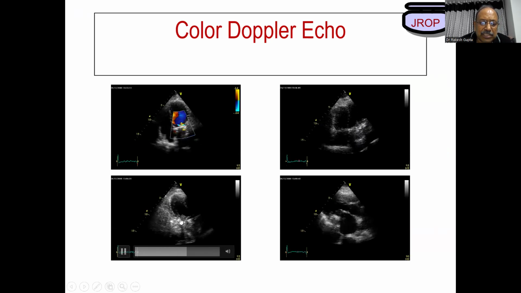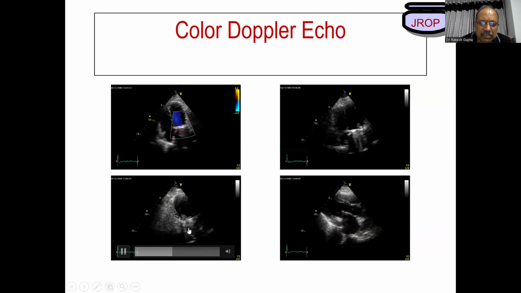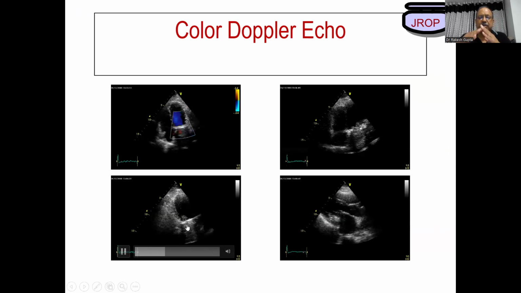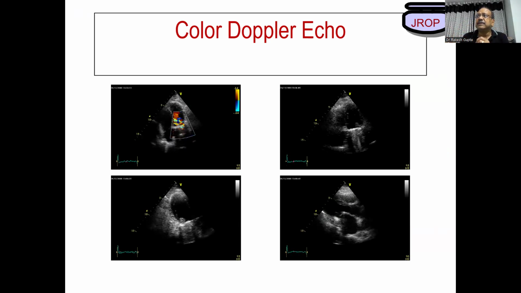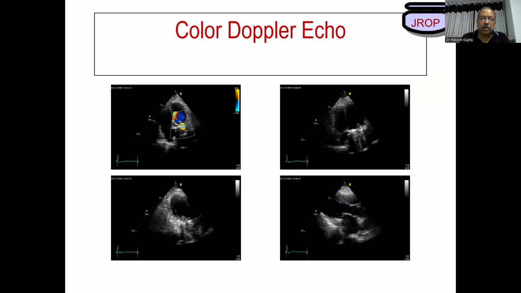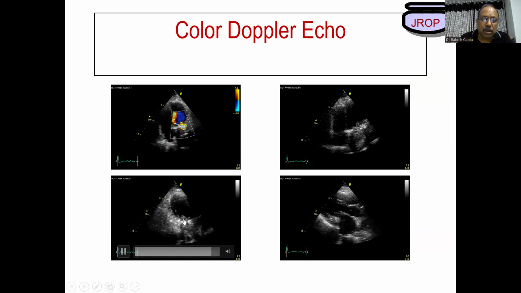Here is some kind of scum seen on the ventricular side of this prosthetic mitral valve. We never see this kind of pannus or thrombus on the ventricular side, because when the valve is opening and closing, where is the maximum impact? Impact is below the valve leaflets, not above the leaflets. That's what is important. And this is what we saw of pannus.